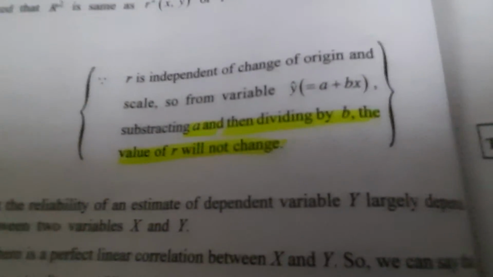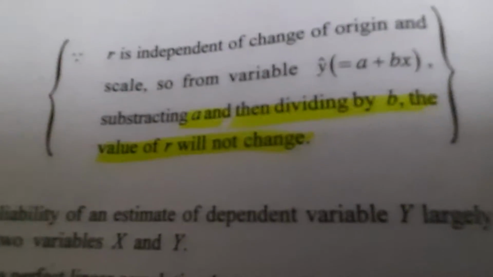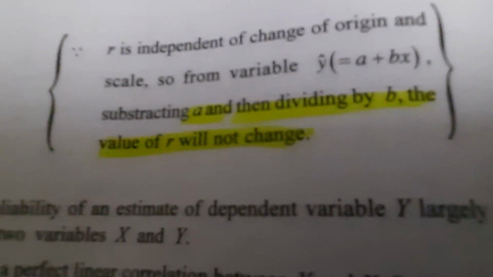How do we get this? When a is subtracted and we divide bx by b, we get x. So this way we get y and x, because we have already studied that r is independent of change of origin and change of scale. That's why we subtract a and divide by b.